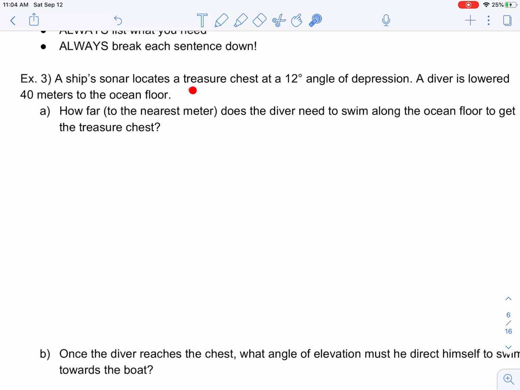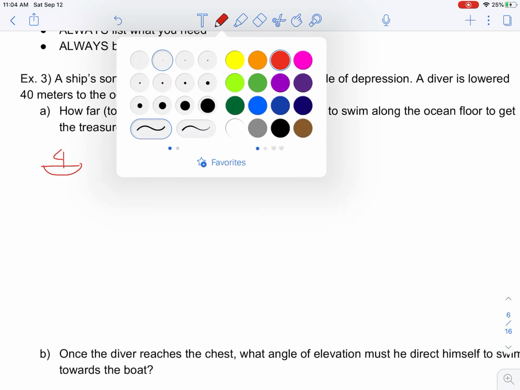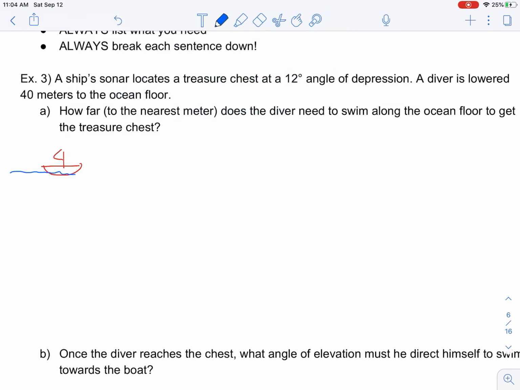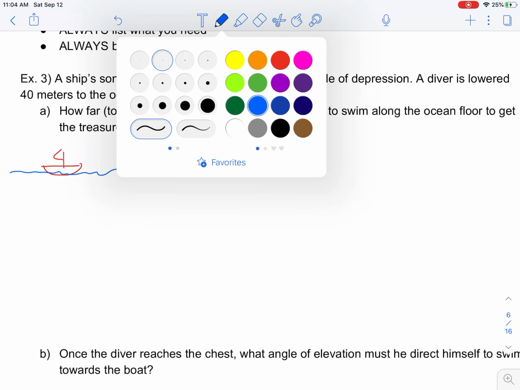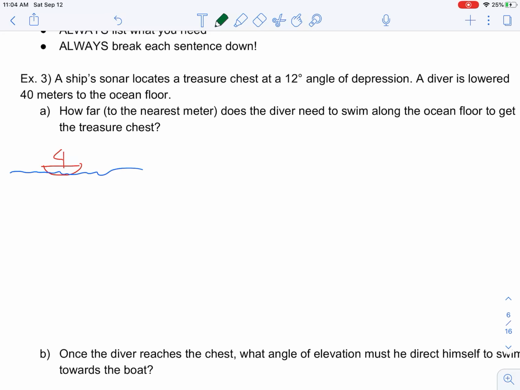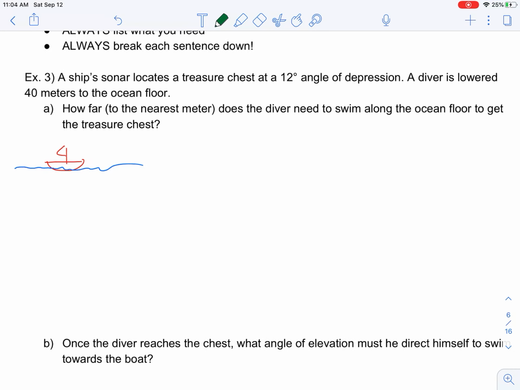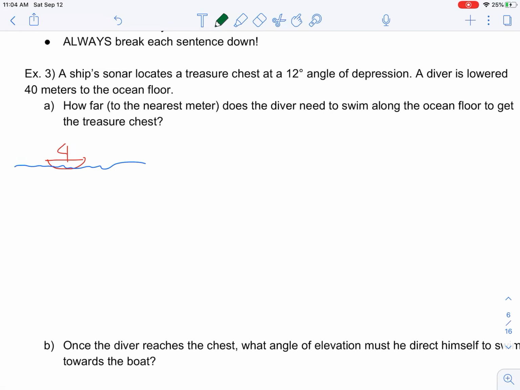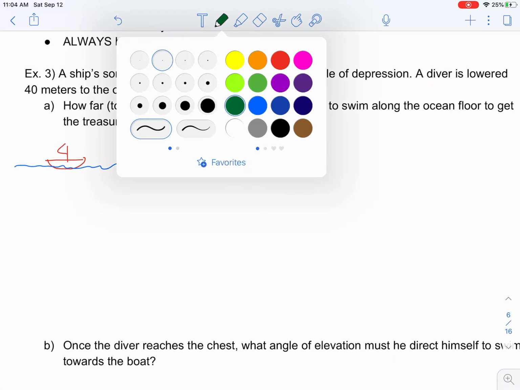Let's first draw what's going on. A ship's sonar locates a treasure chest at a 12-degree angle of depression. A diver is lowered 40 meters to the floor. So we have a ship. I'll draw a really poorly drawn ship, and it's floating on water, obviously. What they're doing is we can see that we are 40 meters above the ocean floor.